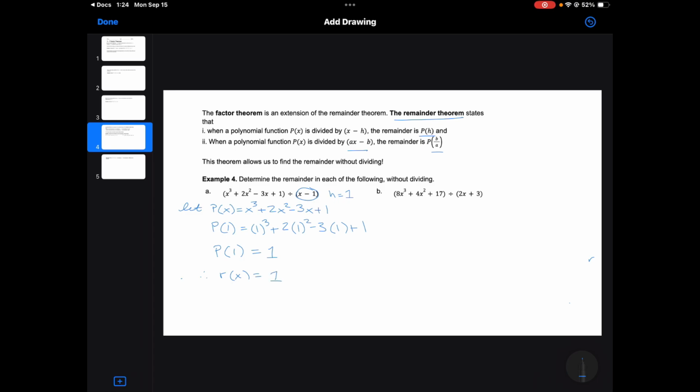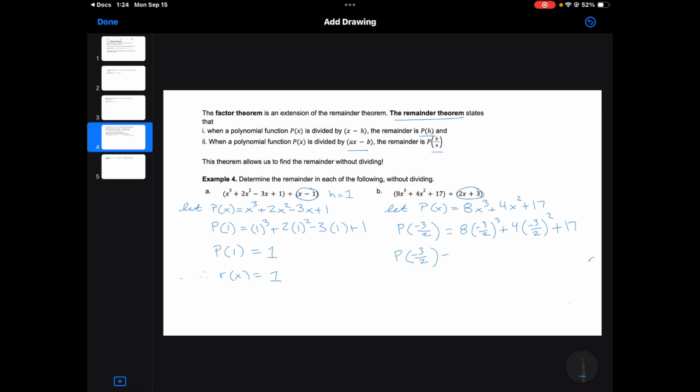And I'm going to repeat the same thing on the other side here. So I'm going to define my polynomial, 8x cubed plus 4x squared plus 17. Here, I have an ax minus b form, so when I substitute in, I'm going to use minus 3 over 2, sort of like I'm setting that bracket equal to 0 and solving for x, and then I'm going to substitute in minus 3 over 2 anywhere I see that.